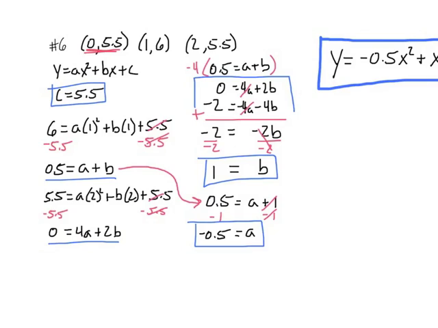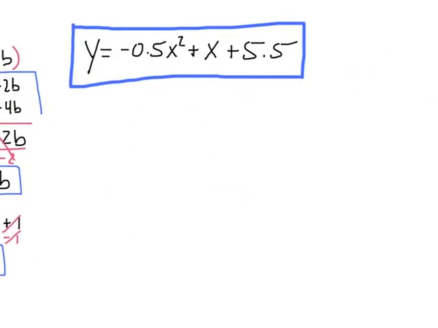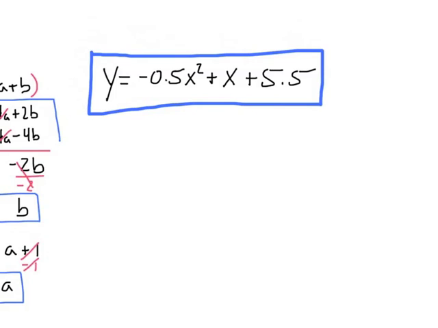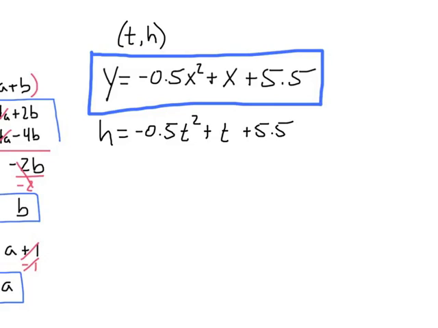So we can think of all of our coordinates, all of our points, being in t, comma, h coordinates for x and y. So if I wanted to, I could rewrite my equation saying h equals negative 0.5 t squared plus t plus 5.5. Now, I don't necessarily have to do that, but I can. It's no big deal.